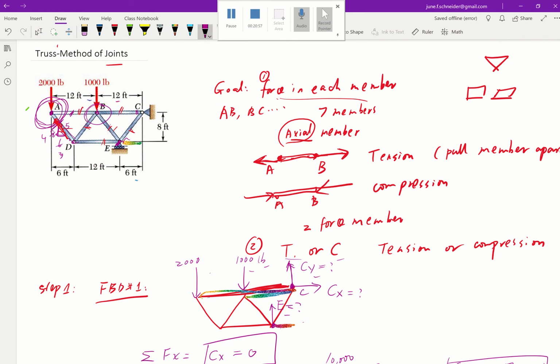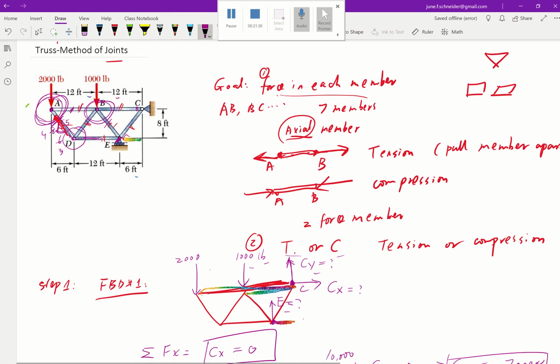If we cut joint B, we'll have AB cut, but we already solved AB, so that doesn't count. But we cut BD, BE, and BC, so we still cut three, more than two members. We cannot solve it because we can only have two equations. We have to hold off on B. But what other joints can we start cutting? Can we go ahead and cut D now? Yes. Why? Because we already solved AD, and you only have BD and DE as two unknowns.